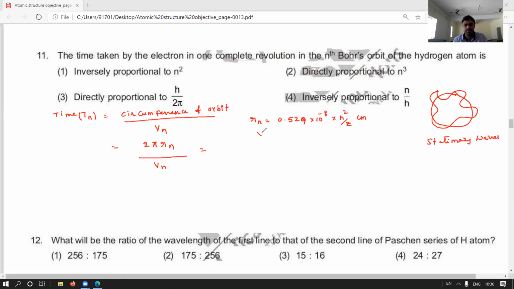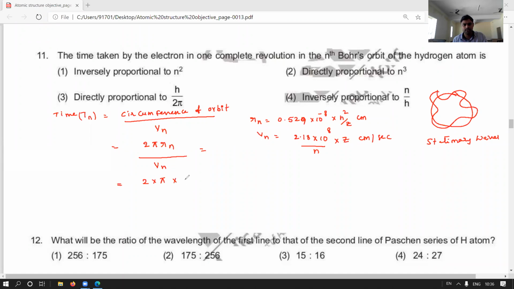And Vn, the velocity of the electron in the nth orbit, is equal to 2.18 into 10 to the power of 8 by n into z centimeter per second. Those are the two formulas you have to substitute.